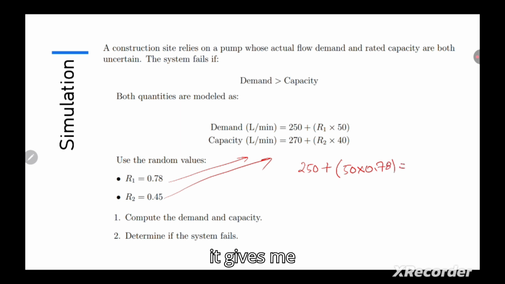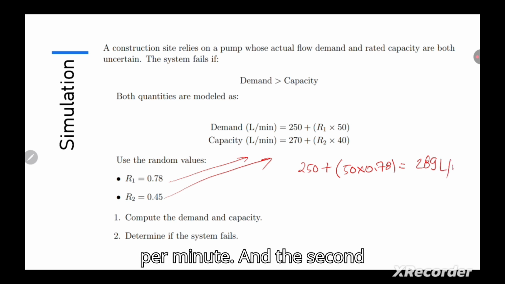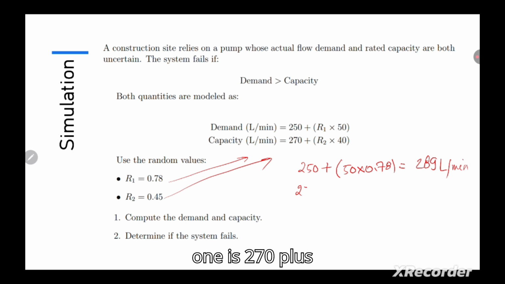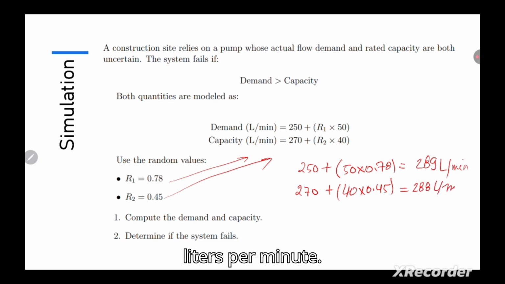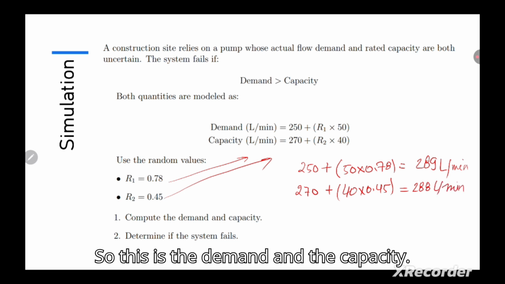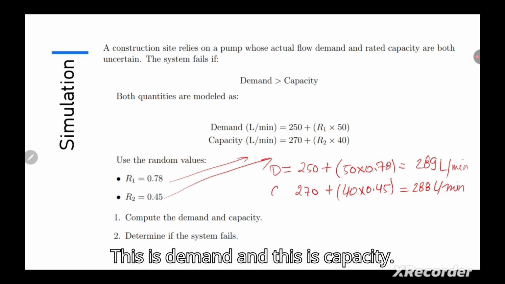It gives me 289 liters per minute. And the second one is 270 plus 40 times 0.45. So we get 288 liters per minute. So this is demand and this is capacity.